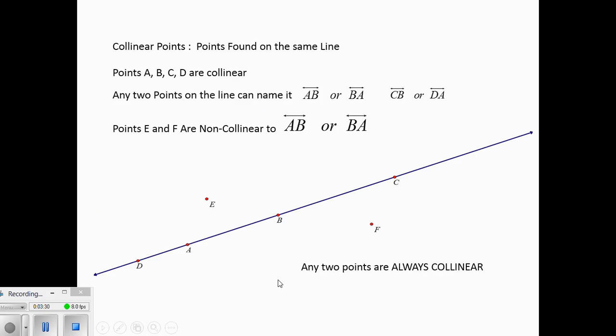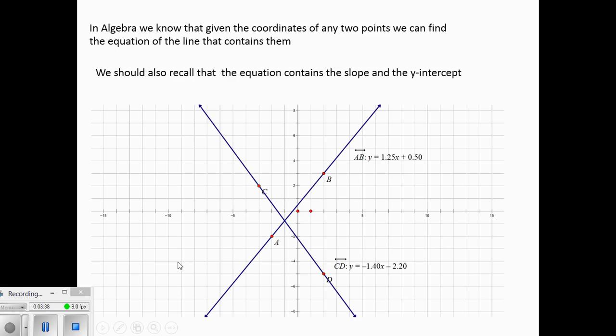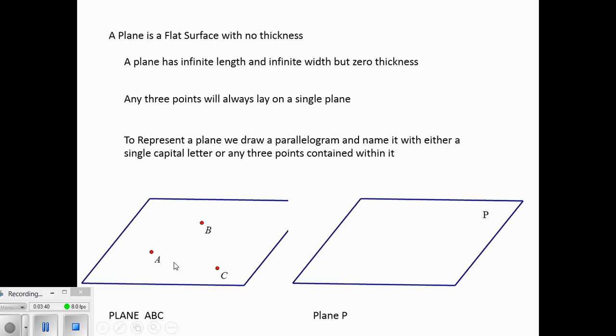When we talk about points on the same line, they are collinear points, as you can see here. Any point on the blue line is collinear. Plane: a flat surface, no thickness, infinite length, infinite width. These are some of the concepts that we can't really think about. Is a sheet of paper a plane?